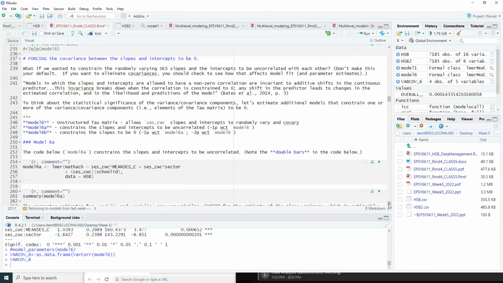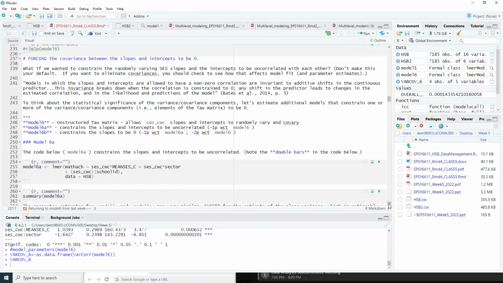One of the ways to constrain the slopes and the intercepts to be uncorrelated with each other is to use this double bar. Probably the easiest way, actually. Remember we said the equations are identical. The first part of the model is identical. The only difference in my coding is in the random effects part, where I'm just saying SES_CWC double bar school ID.